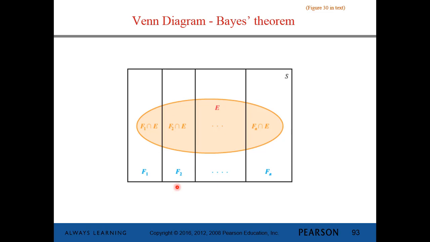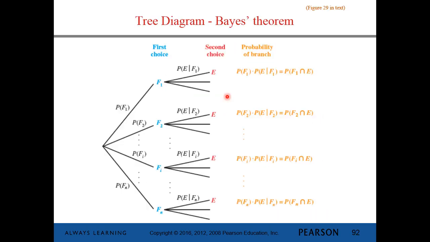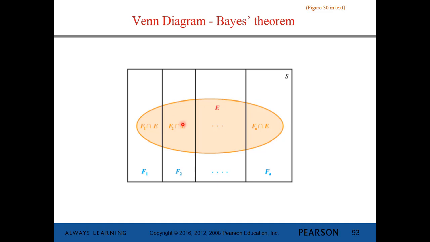Okay? And so the probability of F and E, we're going to use the probability of F times the probability of E given F has occurred. So this is the special case. Now, what's the probability of F2 given E?